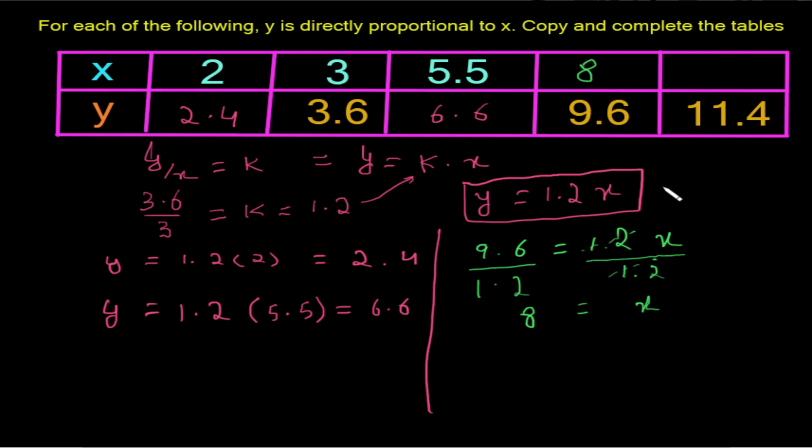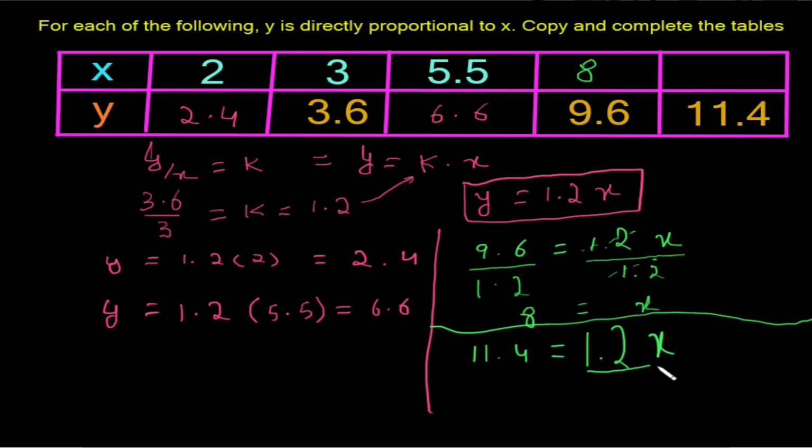Similarly, for y, I will substitute 11.4 into this equation, and 1.2 will be as it is. Well, x is missing. So dividing both sides by 1.2, this will cancel with this one.